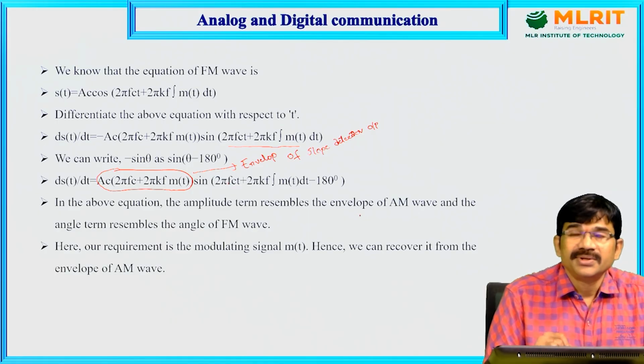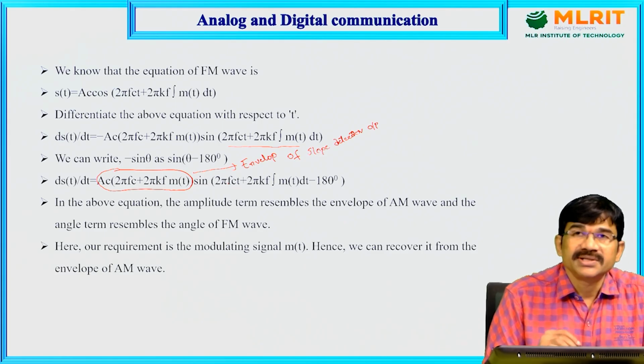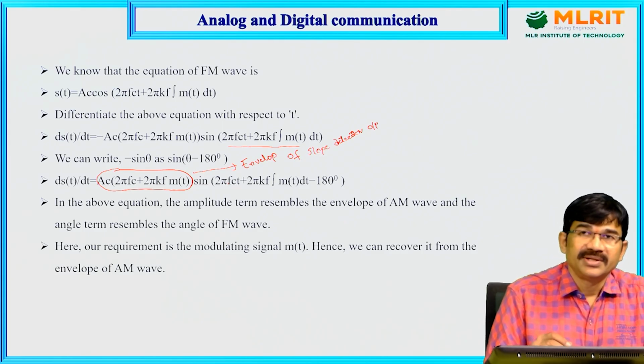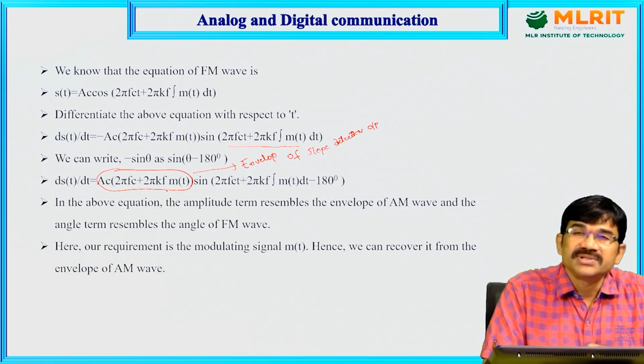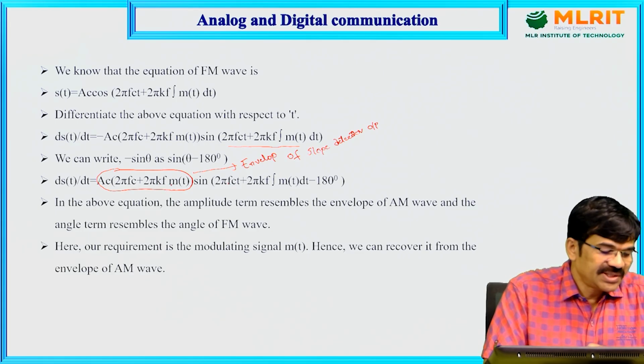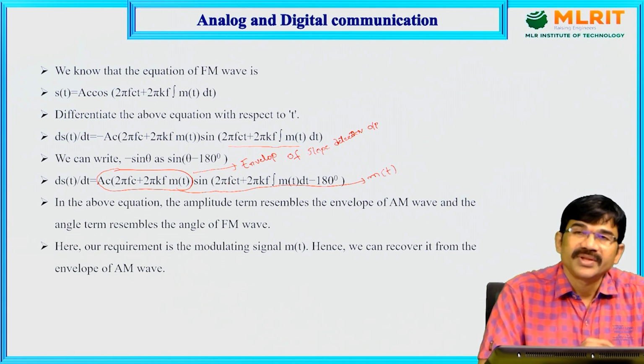Already we know that the original information is contained in the modulating signal amplitude, so the envelope of the signal contains the original information. From this envelope, we have to extract m(t), which is what we transmitted from the transmitter section.